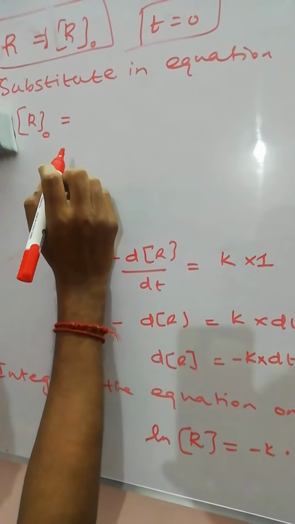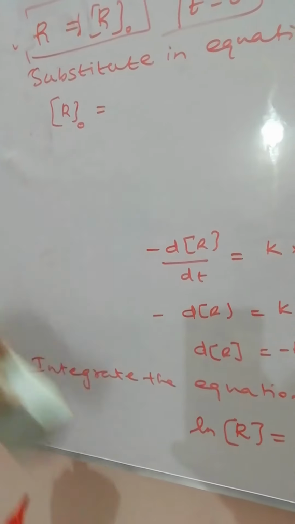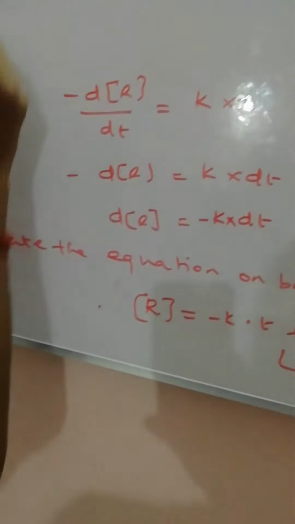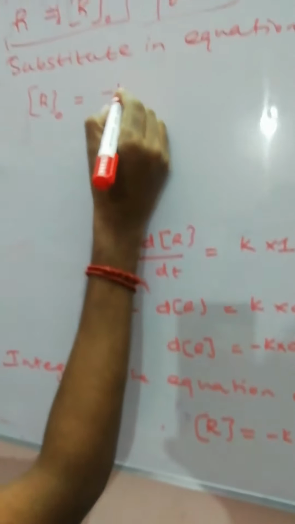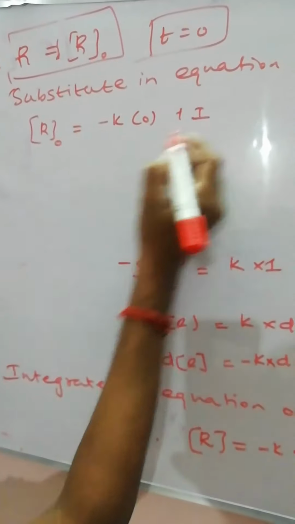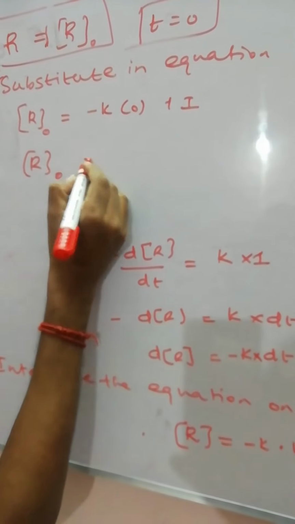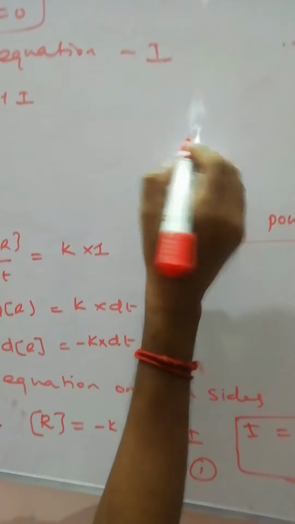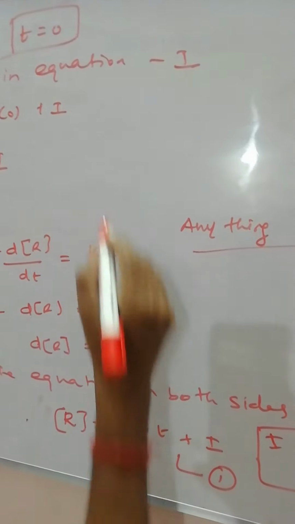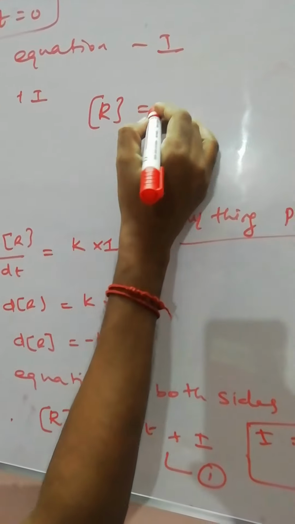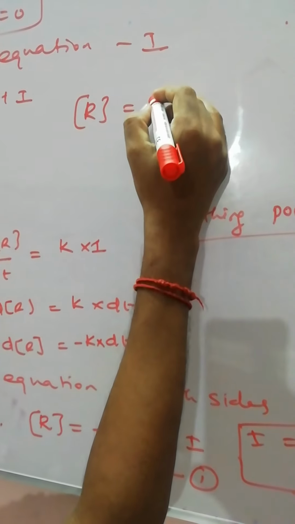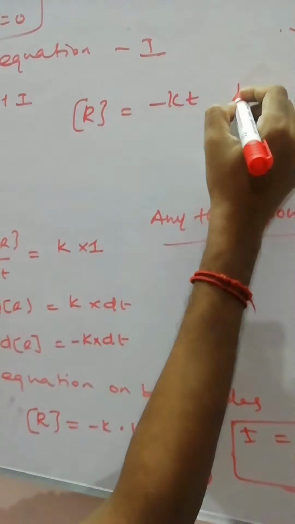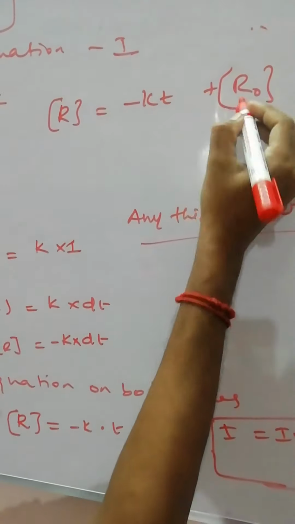Integrating, only the differentiation goes, so ln is not coming. R is equal to R0 minus K into 0 plus I. So R0 is equal to I. So we write in equation 1: R is equal to minus Kt plus R0, right?